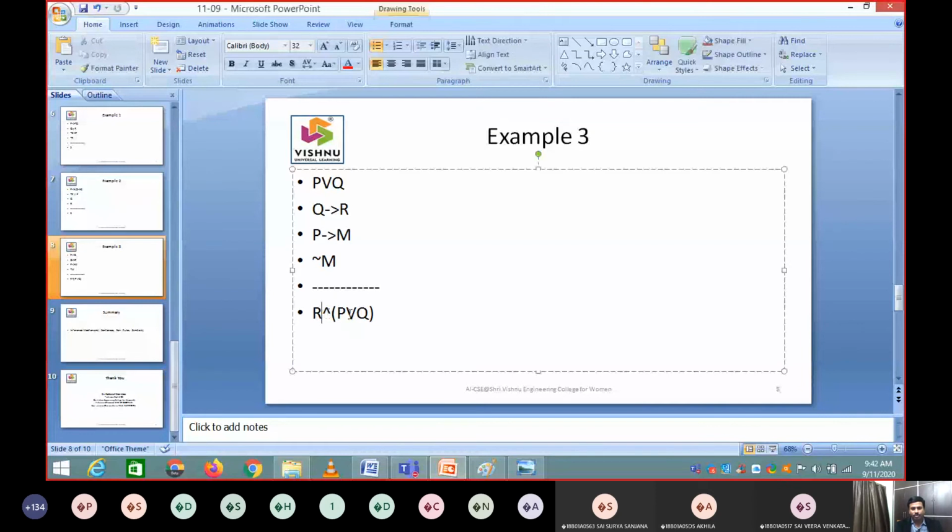I have to use this AND symbol which is not there in the system, that is the reason I have copied it here. Just try to validate. You have 4 statements given here, and can you arrive at R and P V Q? Just try to validate whether that is right or wrong.